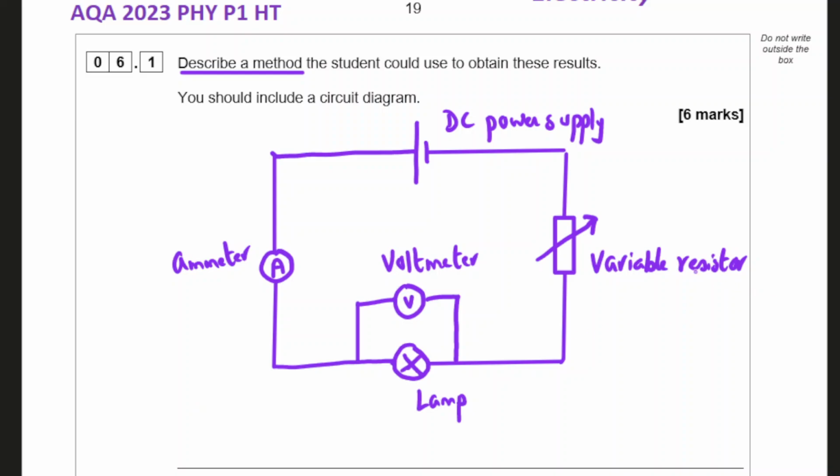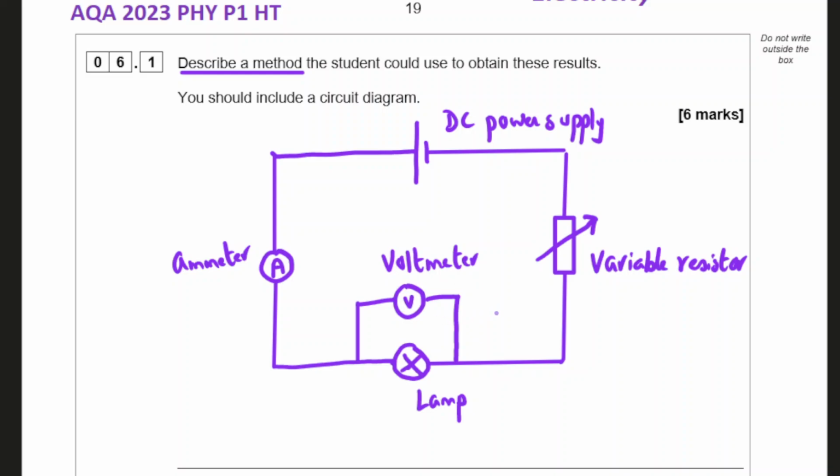Then adjust the variable resistor so that the voltmeter shows 1 volt across the lamp, and then measure the current in the ammeter. Then adjust the variable resistor again so that the voltmeter reading changes to 2 volts and record the current again. And you do that up to 6 volts.